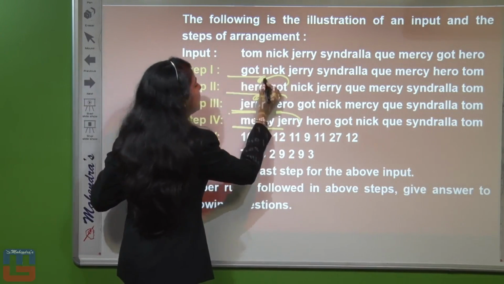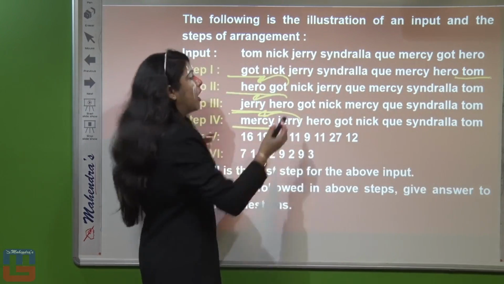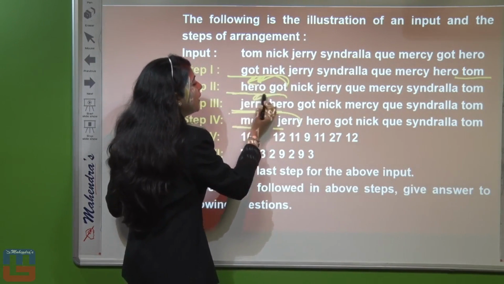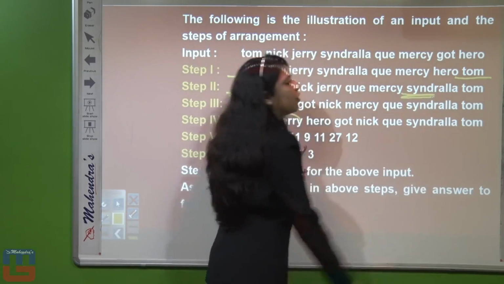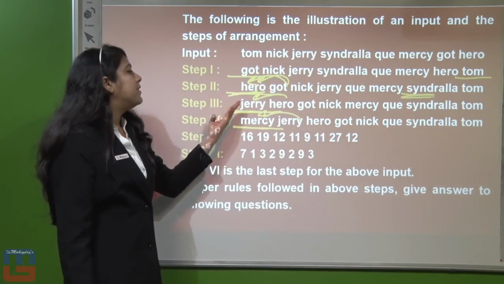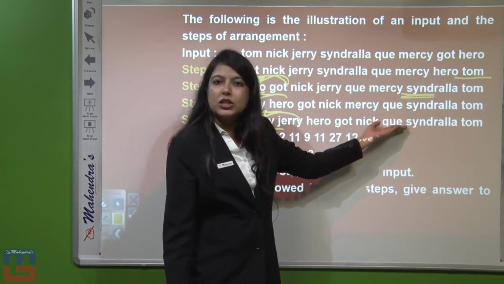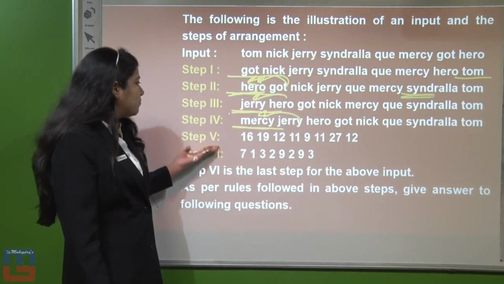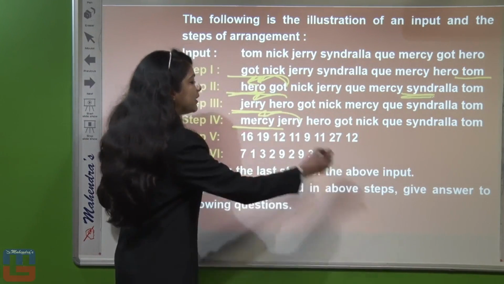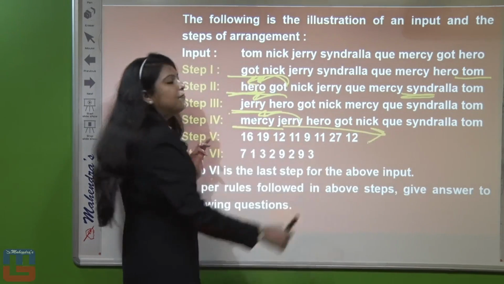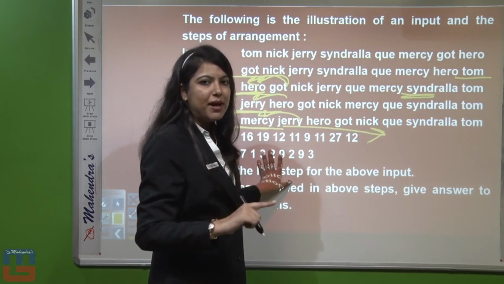Let's see: if we have taken Got here, we have Tom at the back side. If we have taken Hero, starting from H, at the back side we have taken Cinderella, starting from S. If we have taken Jerry's J, there we have taken Q's Q. And if we now take Mercy here, Nick is already arranged. That means the arrangement is going from left to right or right to left in an ascending or descending pattern.